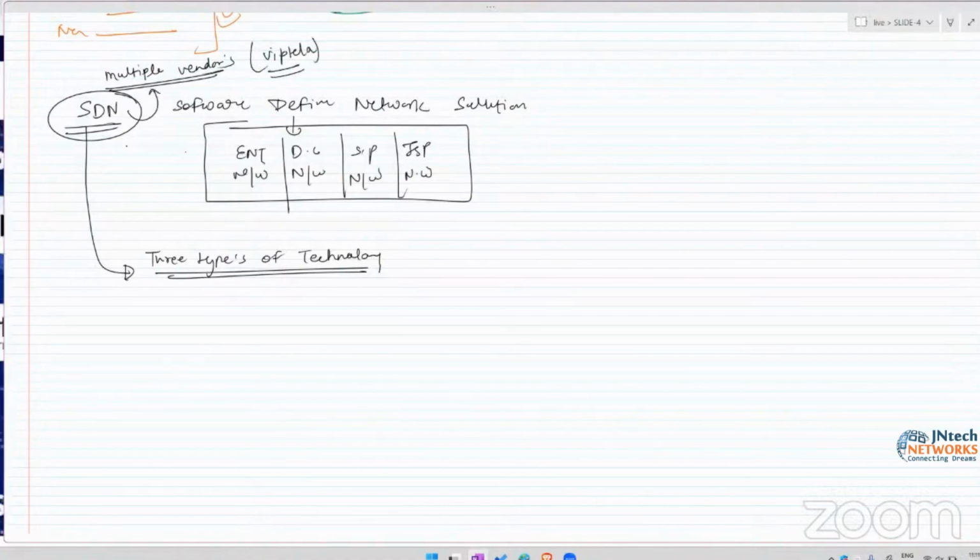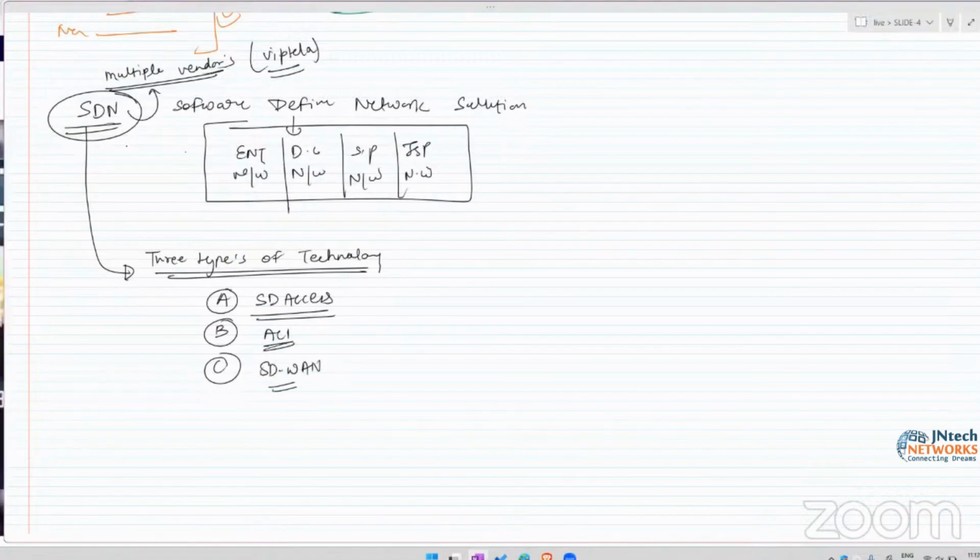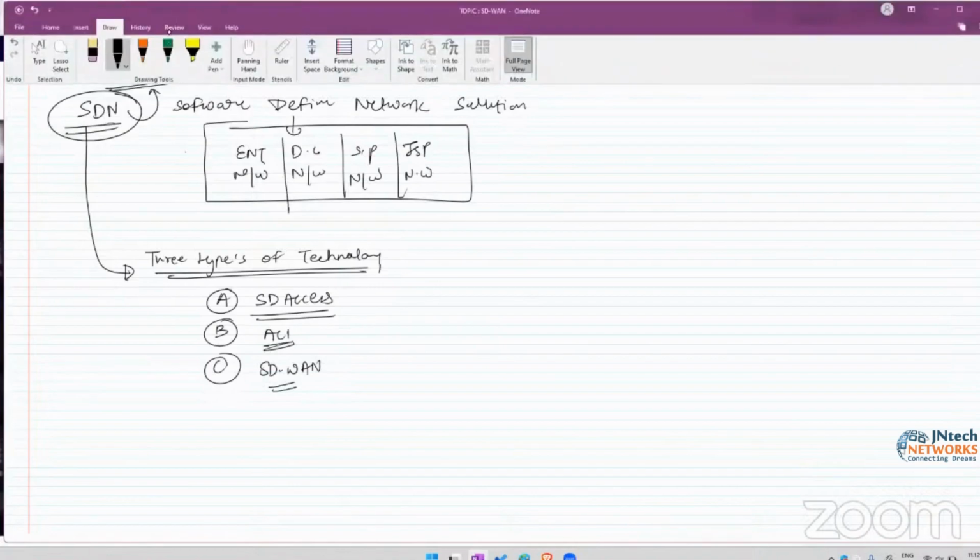So this is the vendor we are using. Among the three types of technology, which ones do we have? First is SD-Access. Then we have the ACI concept. Then we have SD-WAN scenarios. Be clear, SD-Access first.